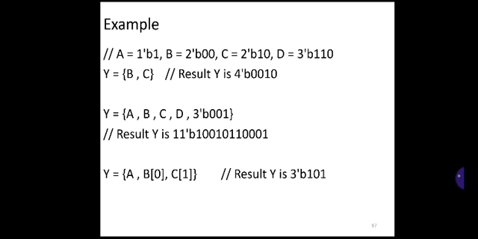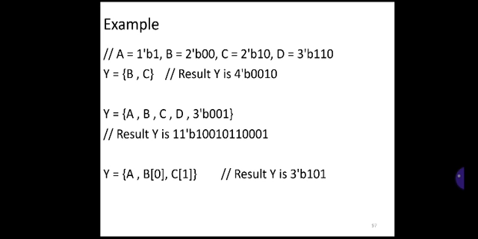Similarly, the second example: Y is equal to {A, B, C, D, 3'b001}, a sized 3-bit binary number 001. So this is the concatenation of all these 5 operands: A, B, C, D, and a sized number. First compute the size of the result Y. A is 1 bit, B is 2 bits, C is 2 bits, D is 3 bits, and the constant number is 3 bits.